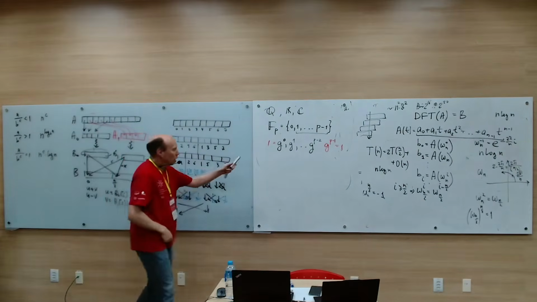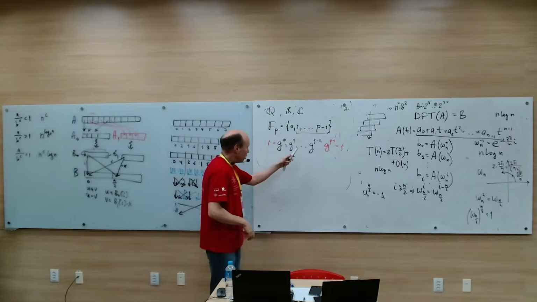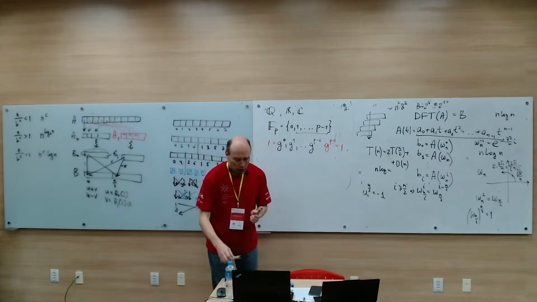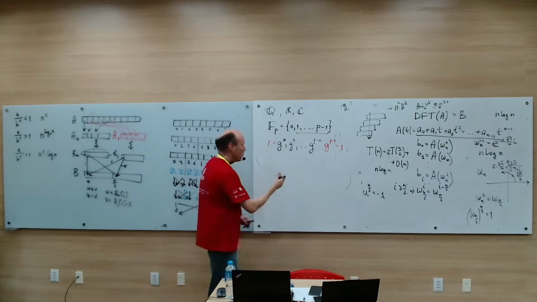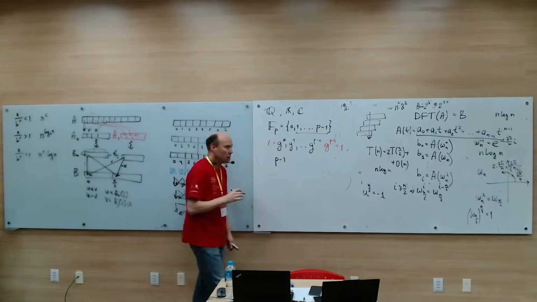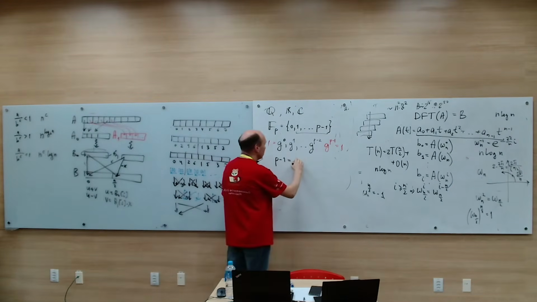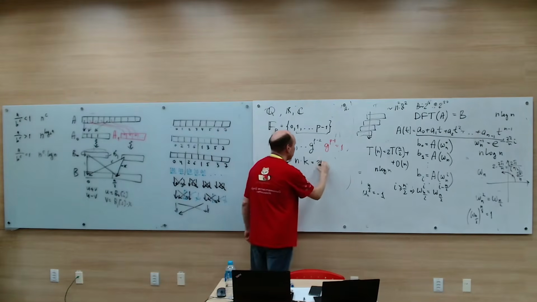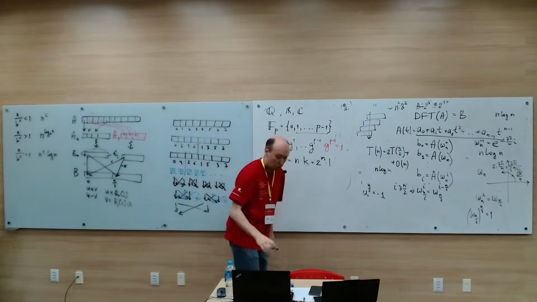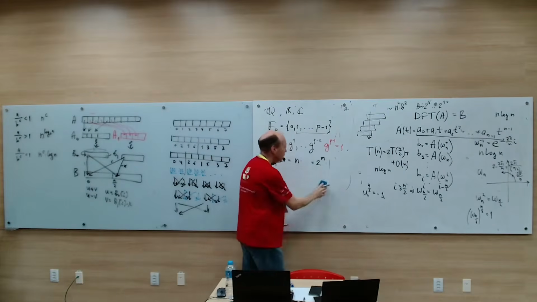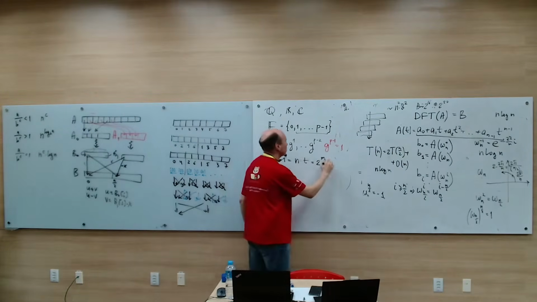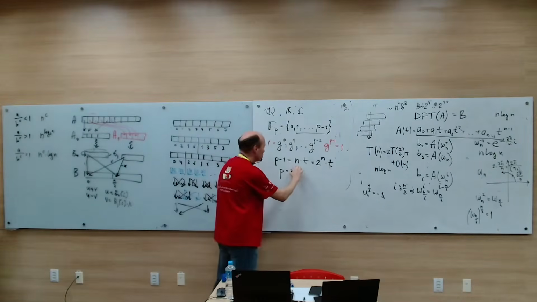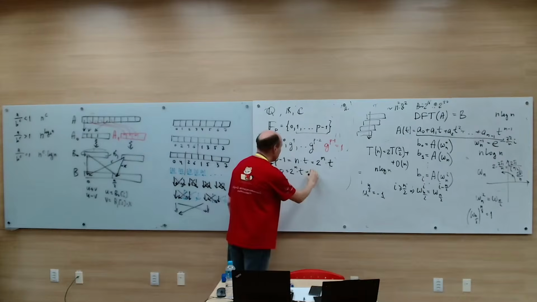So what we would like here is for p minus 1 to be equal to n times some k, where n is 2 to the power of m, times some t. So we want our p to be 2 to the power of m times some t plus 1.